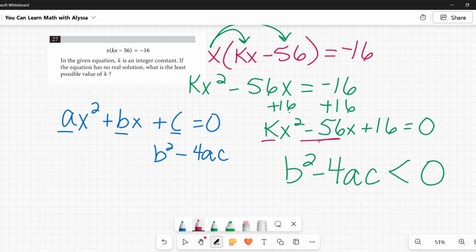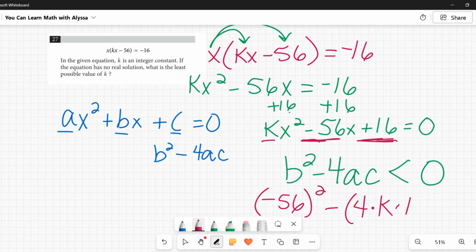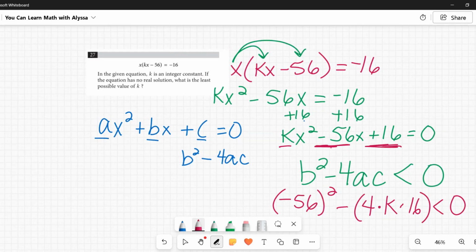There's my a, there's my b, include the negative with it. There's my c, include the positive with it. Now plug them in here, and I'm going to solve this equation. So first, my b. My b is negative 56. I'm going to square that. And then I'm going to subtract 4 times my a, which is k, positive k, and my c is 16. And this all needs to be less than 0.